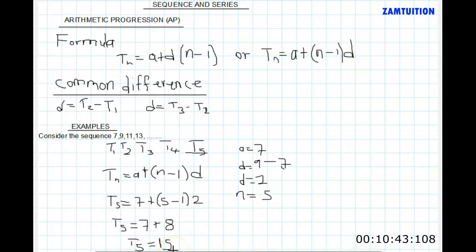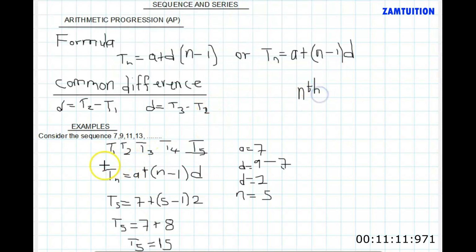This is how we find a term in the sequence. Now, they can also simply ask us to find the nth term. If they say find the nth term, it simply means they want you to find the formula.